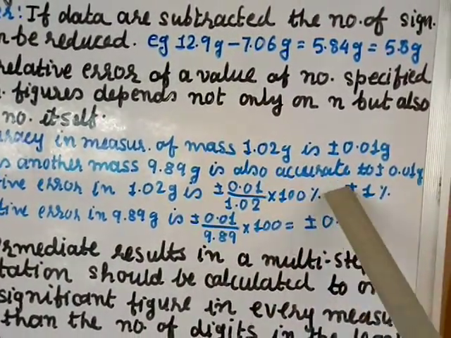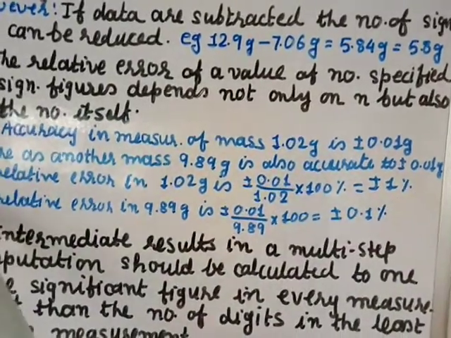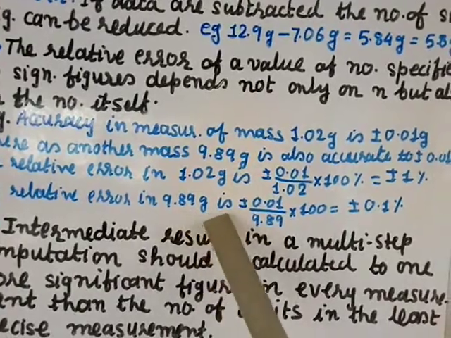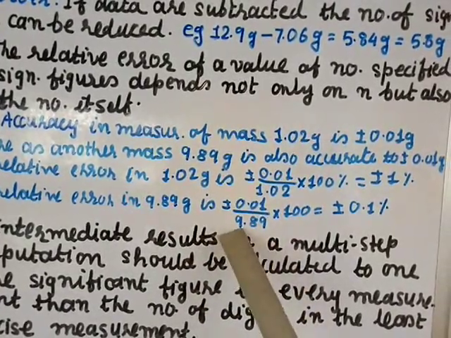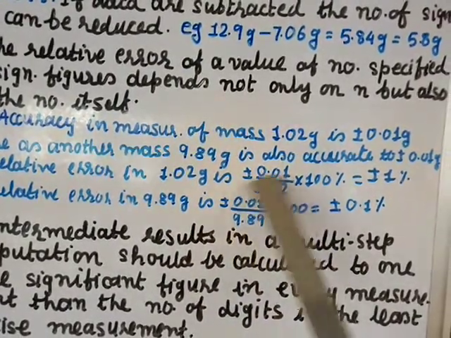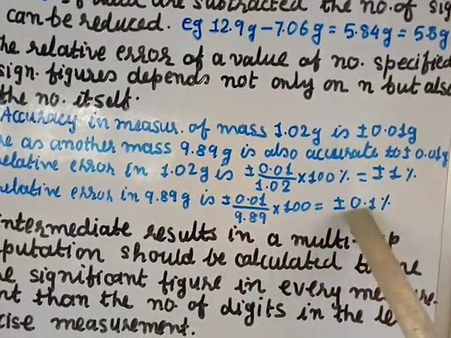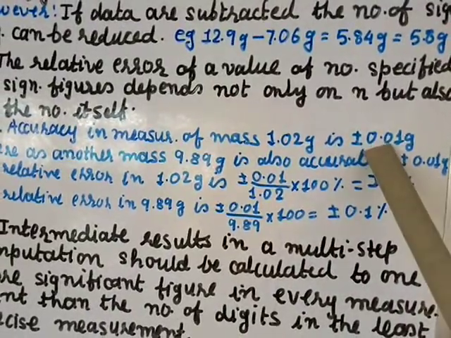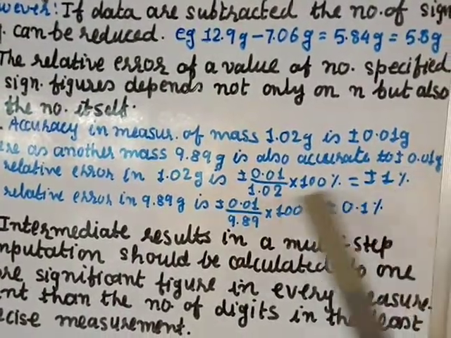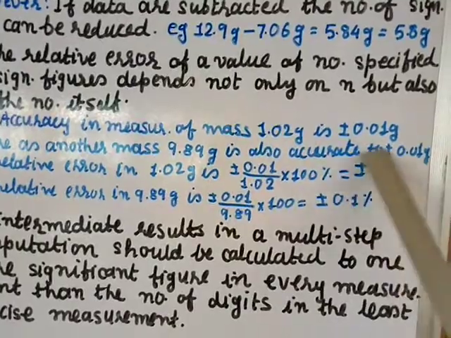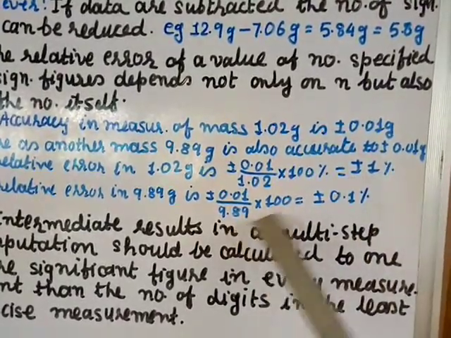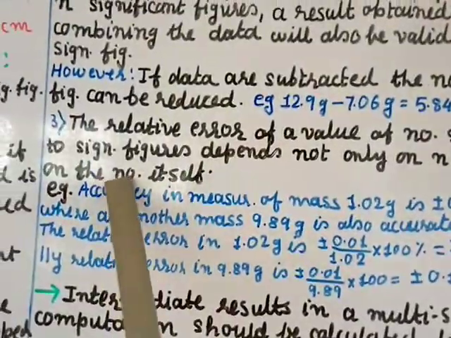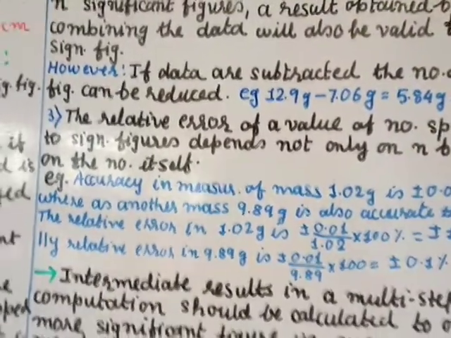When you simplify, it comes to plus or minus 1 percent. Similarly, the relative error in 9.89 gram is plus or minus 0.01 by 9.89 into 100, which comes to plus or minus 0.1 percent. Here the accuracy is the same, 0.01 gram, but the percentage error is plus or minus 1 in one and 0.1 in the other. So it also depends on the number itself.